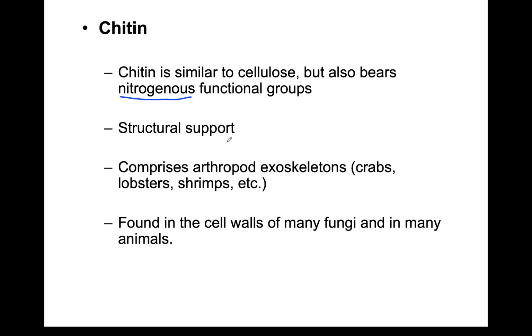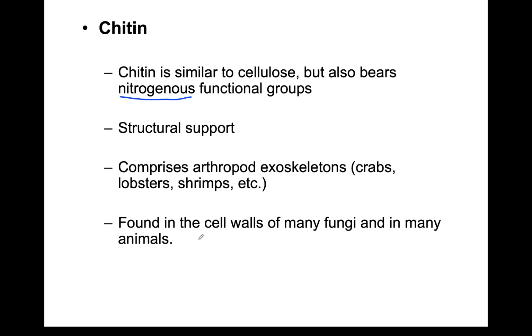Chitin's function is as a supporting structure. Chitin comprises the arthropod exoskeleton, such as in crabs, lobster, and shrimp. The outermost layer of their body is called the exoskeleton, and the component of exoskeletons is chitin.